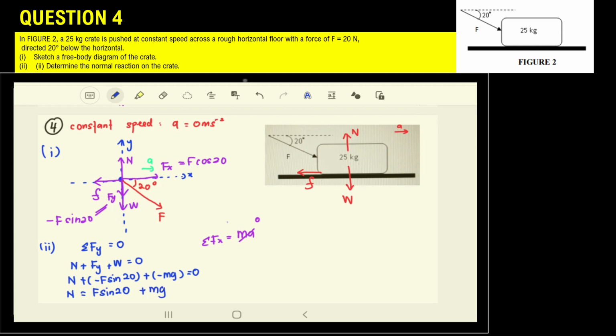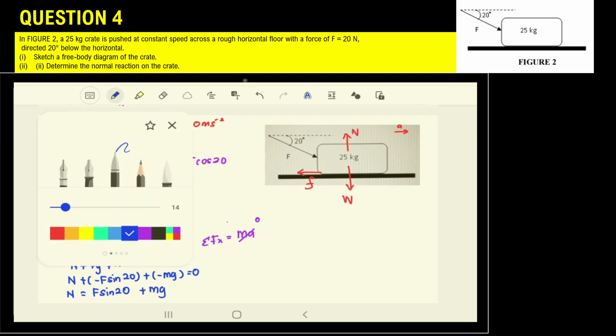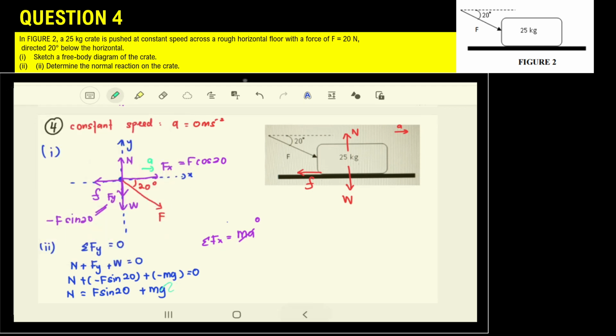Look at the equation: we have the values of m and g, but how about the force? We have F, where F is equal to 20 Newton.